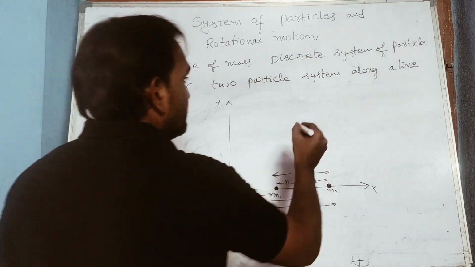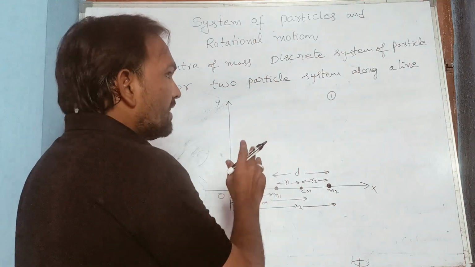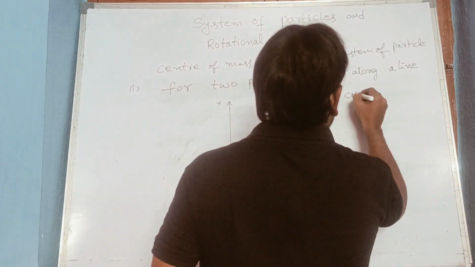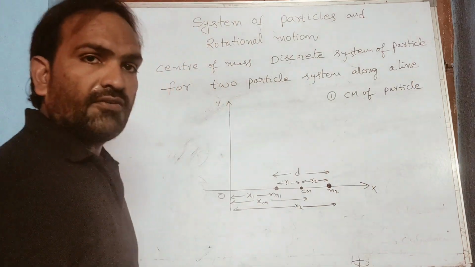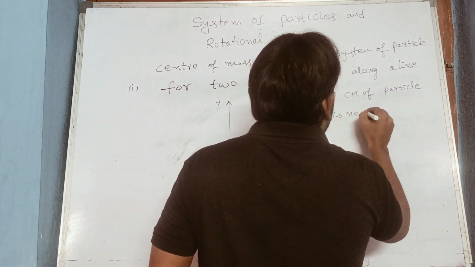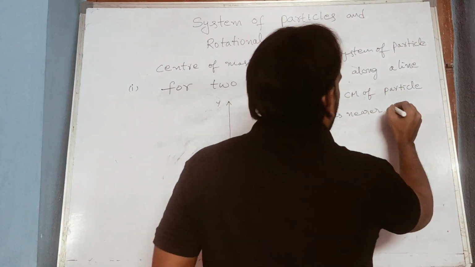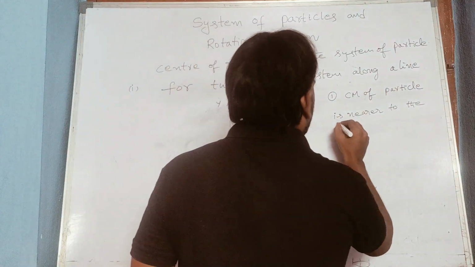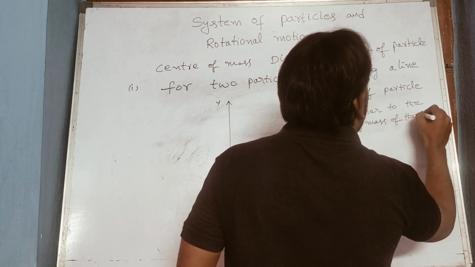But one important point is here, a very simple concept. The center of mass of a two particle system is nearer to the heavy mass of the particle.